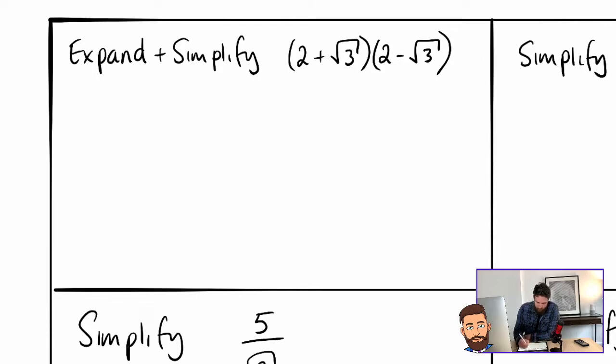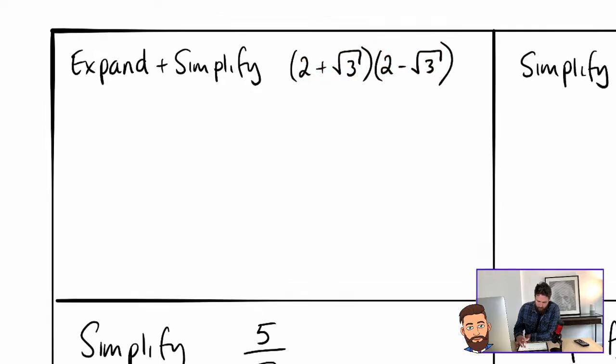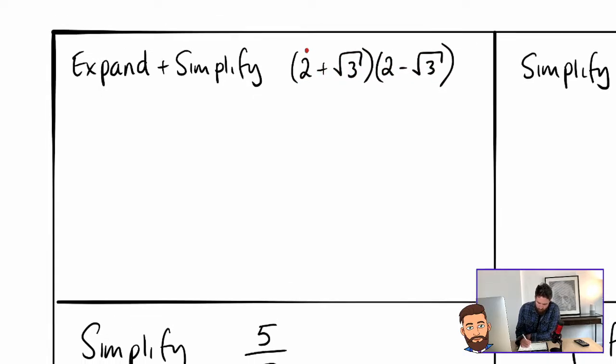Expand and simplify 2 plus root 3 and 2 minus root 3. Again, we looked at expanding with the FOIL method. The first thing we're going to do is 2 times 2, which is 4. Then we multiply, and I'll always say it, that is not root 3, it is minus root 3.